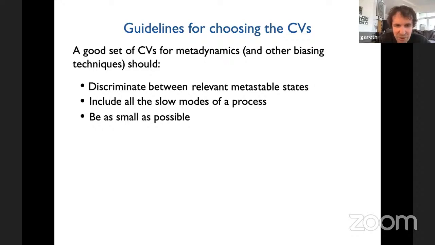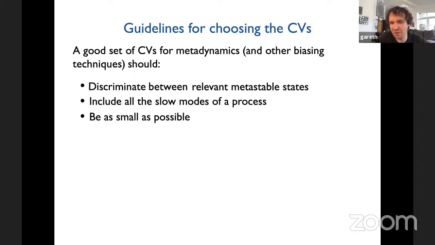The second of those points, including all the slow modes, is more difficult because you don't necessarily know what's slowing the transitions between those different metastable states. So you don't know the pathways that take you between those states. Compare umbrella sampling, where you still need the first one of those things.